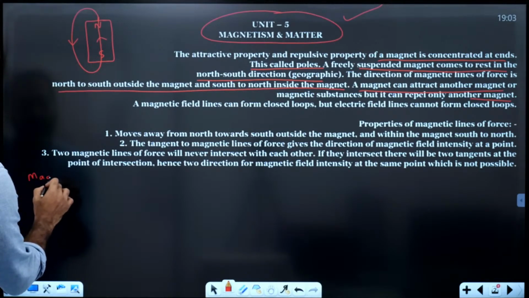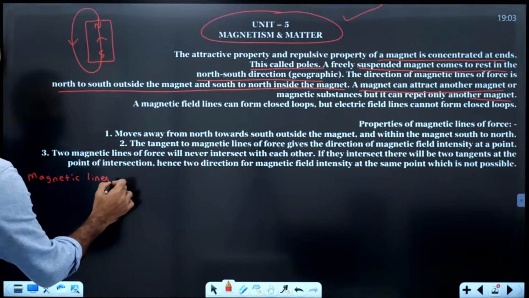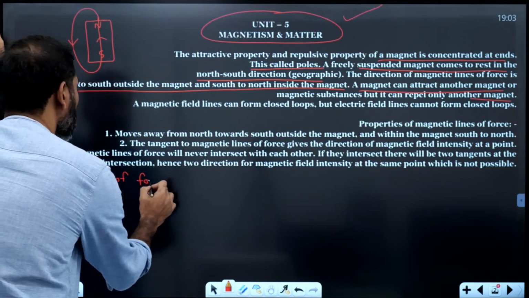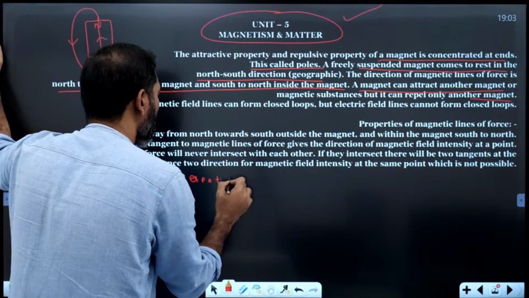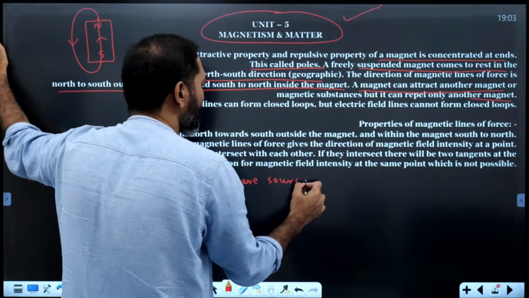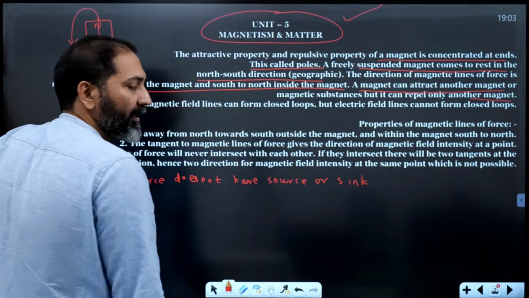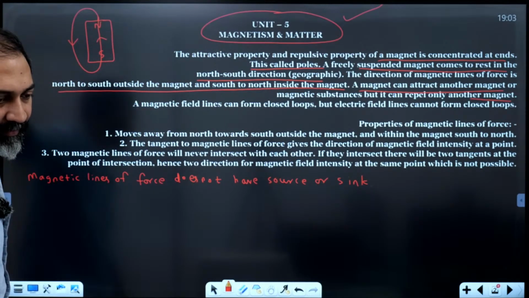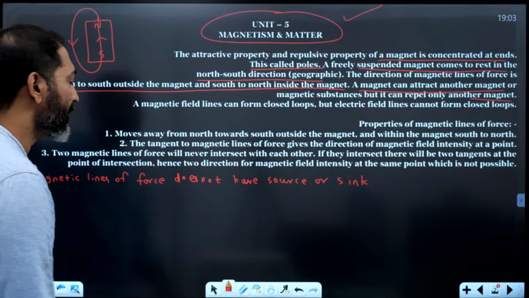You can say that magnetic lines of force do not have a source or sink. That means what? They don't start at any point, and they don't end at any point.